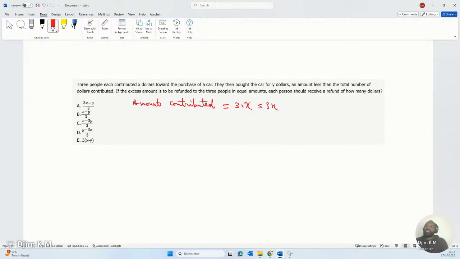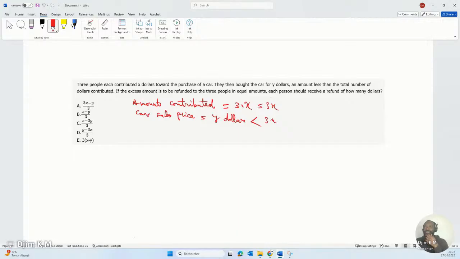So the car's sales price is equal to Y dollars, which is less than 3X.